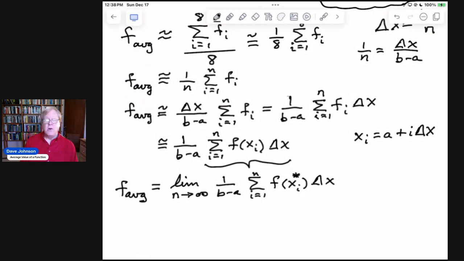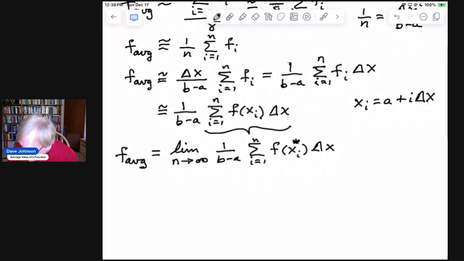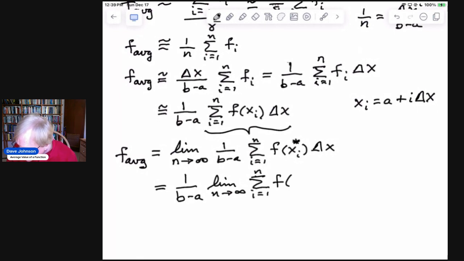You don't have to do that, because when you take the limit as n goes to infinity, the delta x becomes infinitely small and it doesn't matter which value of x sub i you choose in that interval. And so I can move the 1 over b minus a out of the limit because it doesn't depend on n. So I can write this as 1 over b minus a times the limit as n goes to infinity, again, of the summation i equals 1 to n of f of x sub i times delta x.